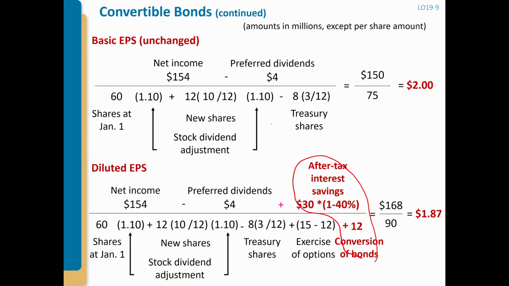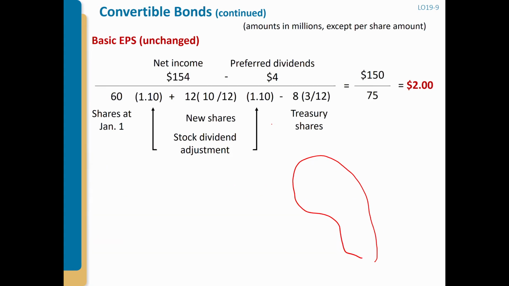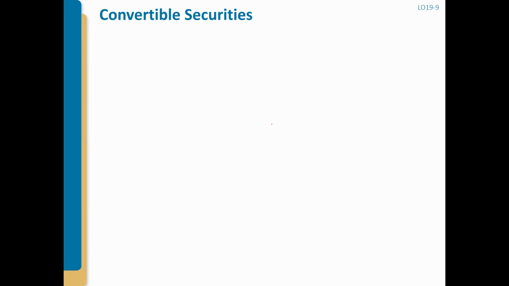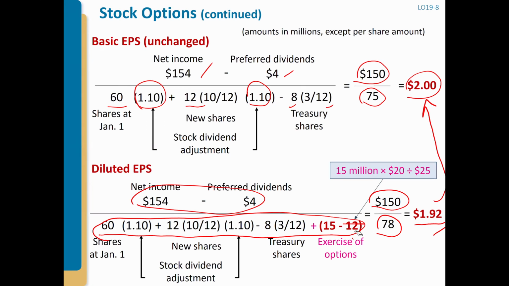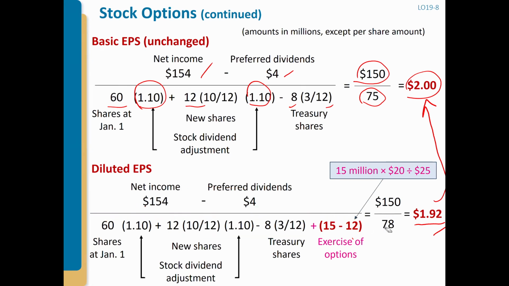What we did is assume those stock options are going to be exercised. That's why we issue 15 million more shares, and we use the cash we received to purchase back 12 million. That's why the net increase is 3 million shares we added to the bottom.